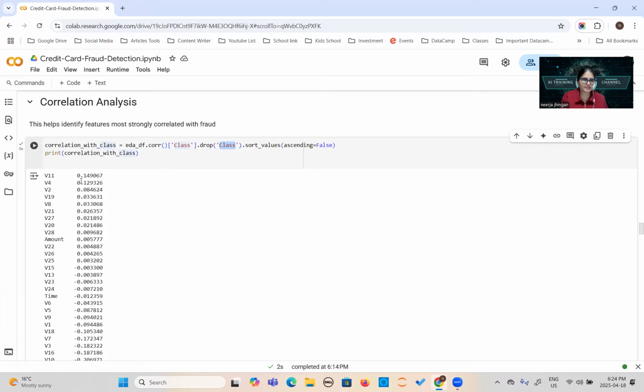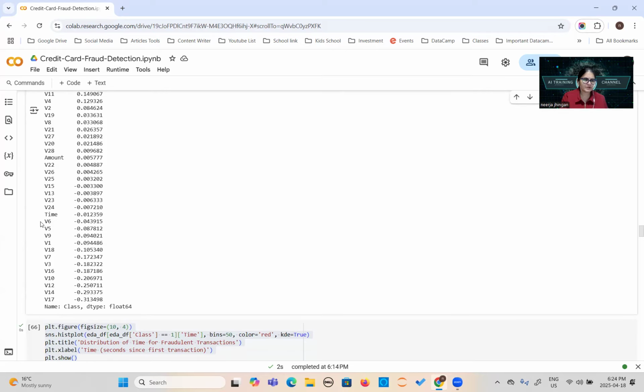Then V11 is 14%. And if we look at it here, all the rest are negatively correlated, right? V18 is negatively correlated, 105. That's why it was showing above in the graph with fraud and not fraud, highly correlated.